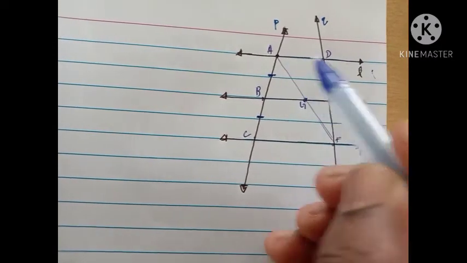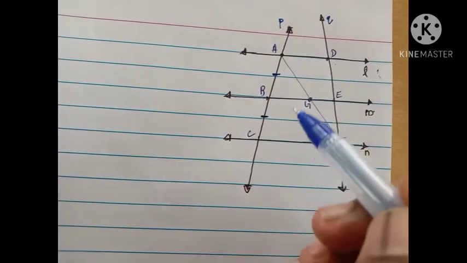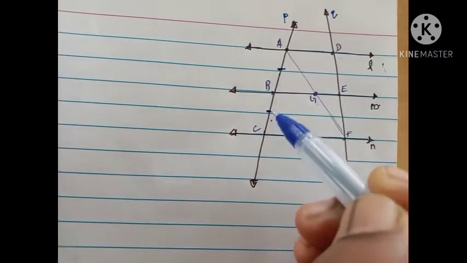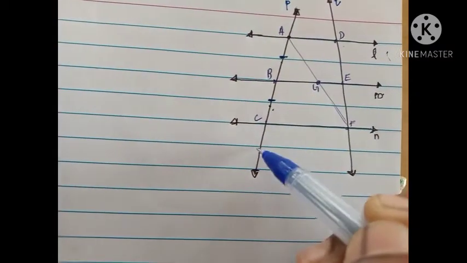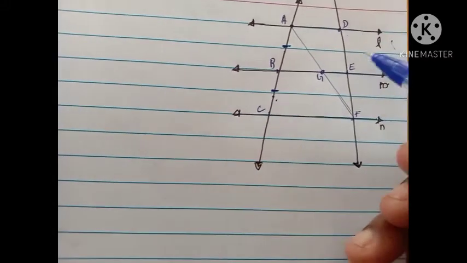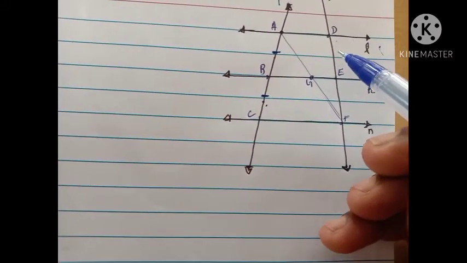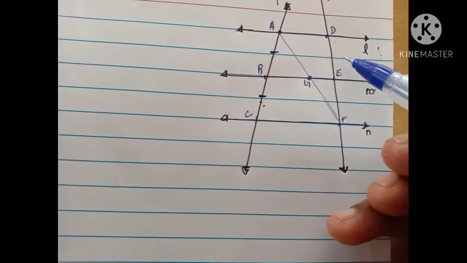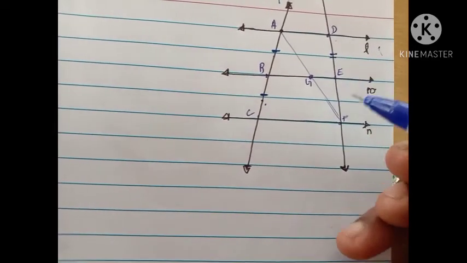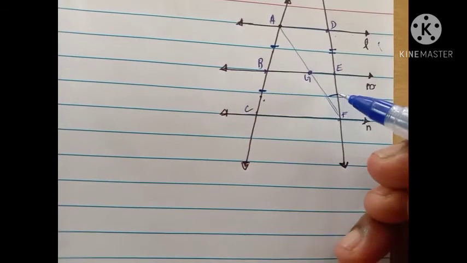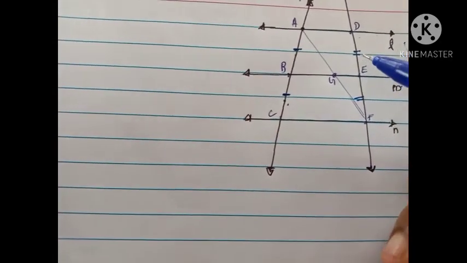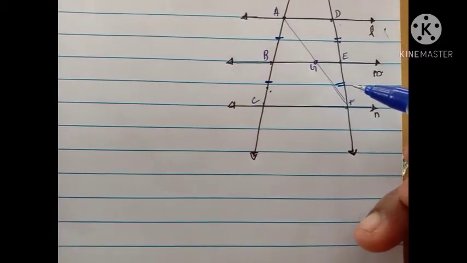So L, M, N cut off equal intercepts AB and BC on P. This is given in the question. And we need to prove the same lines L, M, N cut off equal intercepts DE and EF on Q. That means we need to prove DE is equal to EF.